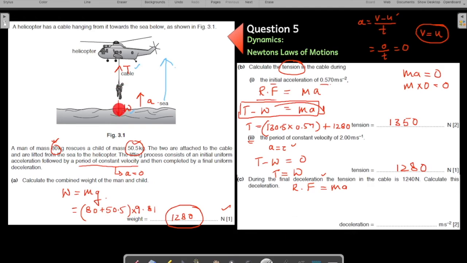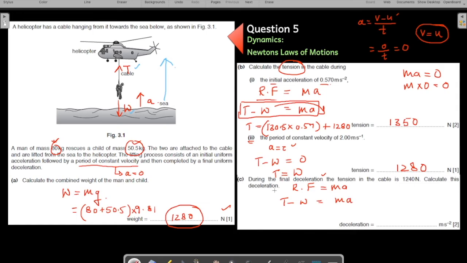So in case of deceleration, calculate the resultant force. You are given the tension and the weight. What is the resultant force? Again, T minus W is equal to Ma.